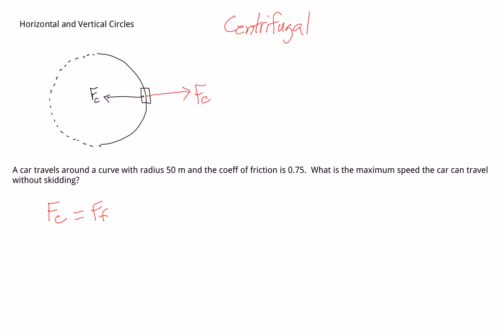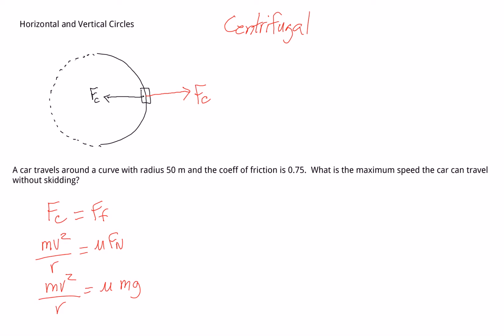As long as the car is staying on the road, those two forces are equal. So in your formula, you go mv squared over r for the centripetal and make that equal to friction, which is mu times the normal force. But remember, because our car is flat on the ground, the normal force will be the same as gravity, so we can just go mass times 9.81.